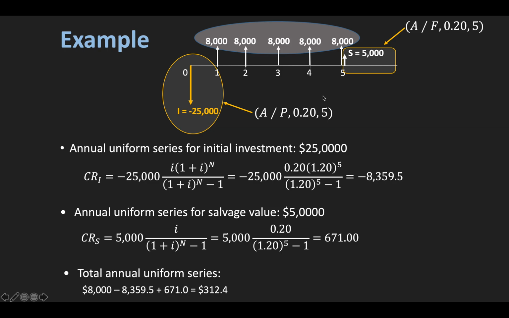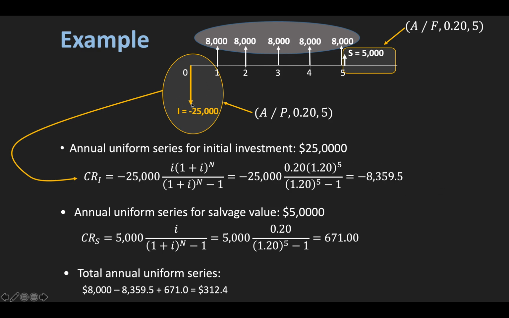So for the present value, we want to change it to an A, and the equation we're going to use is this. We used this before. The P is negative 25,000. Then we input I and N. We can calculate this, and it's going to give us an annuity of negative $8,359.5.